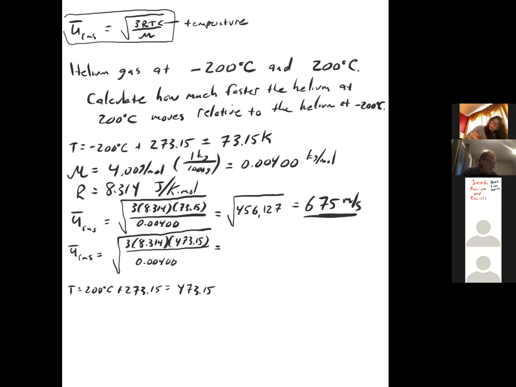And let's see what we get here. 3 times 8.314 times 473.15 over 0.004. You get the square root of 2,950,327. That's a big number. Square root of that is 1720.